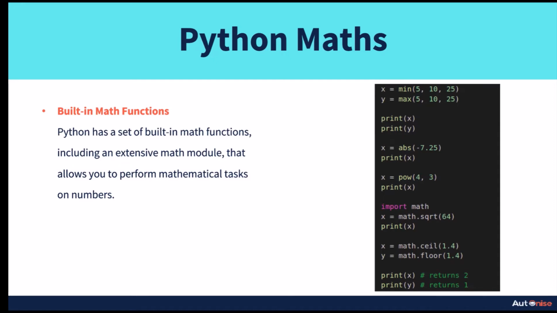Treat math as an object, then use the dot and then the name of the method we want to call, like the square root. We can do that using math.sqrt. This will give us the square root of the number which we give inside this function.